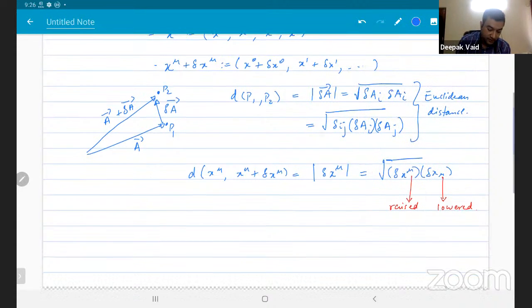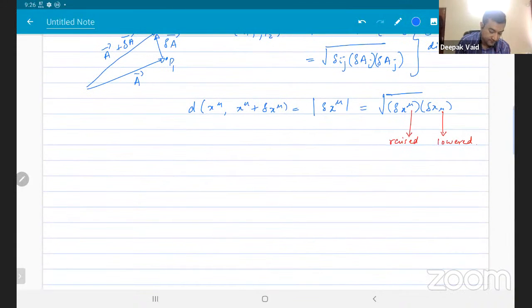So what is the meaning of this lowering and raising? If I have any tensor, any object, any vector, it can have indices which are either raised or lowered or some combination. So for instance, if I put an index here, this is a raised index. If I put an index here, this is a lowered index.